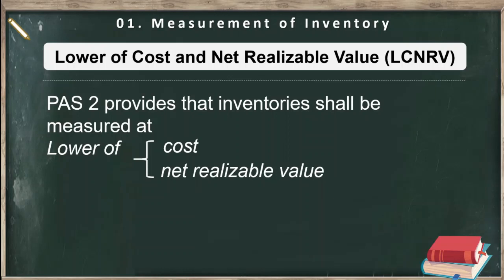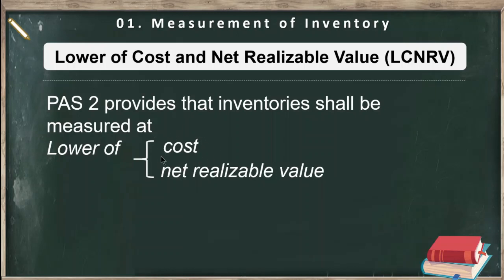So when we say lower of cost and net realizable value, we're going to choose which has the lower amount between cost and the net realizable value. The lower between the two will be the valuation of our inventories at year end.